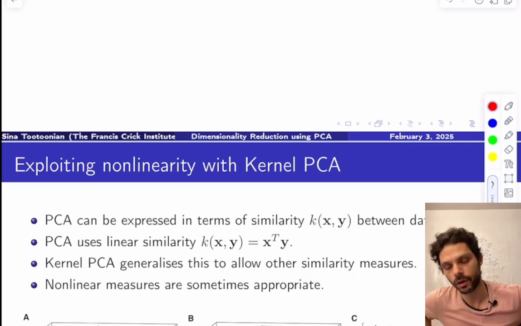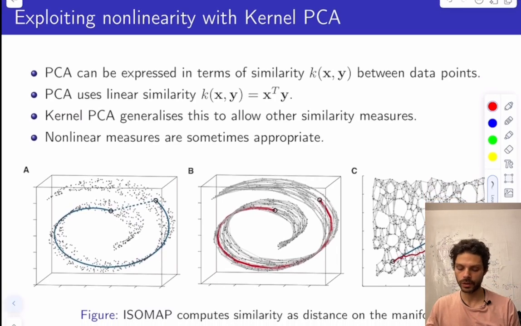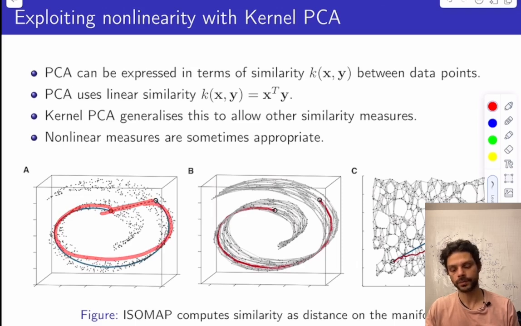Now why might you want to do that? Well, let's go back to the Swiss roll situation. Here's the Euclidean similarity between 2 points, this overlap, would be something like this. Well, maybe the one that's actually relevant is not the distance in Euclidean space, but the distance along the manifold.